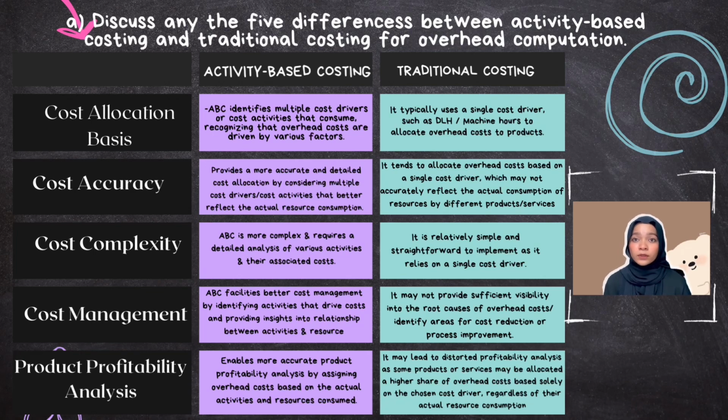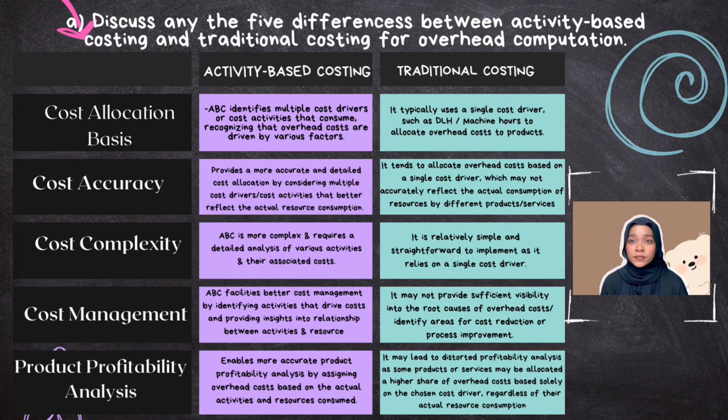Next, we move to cost complexity. Activity-based costing is more complex and requires a detailed analysis of various activities and their associated costs. This complexity can provide a more comprehensive view of overhead costs and their drivers, but may involve more effort and resources to implement.